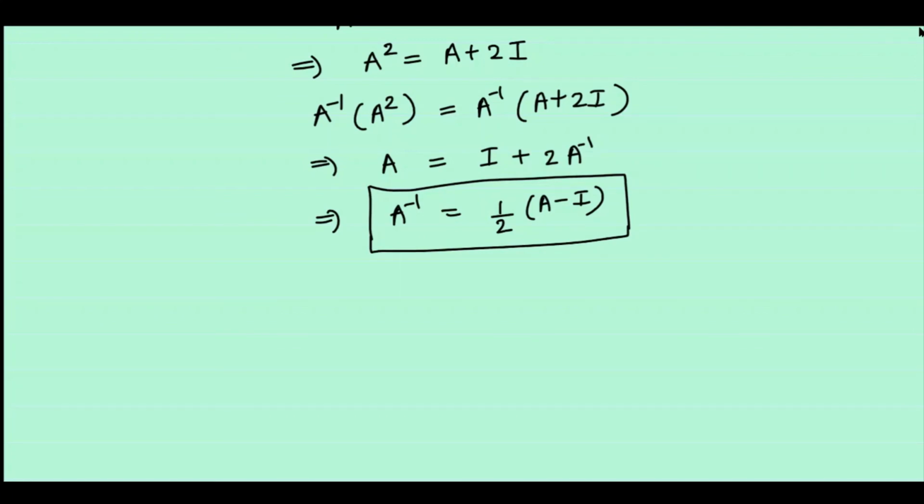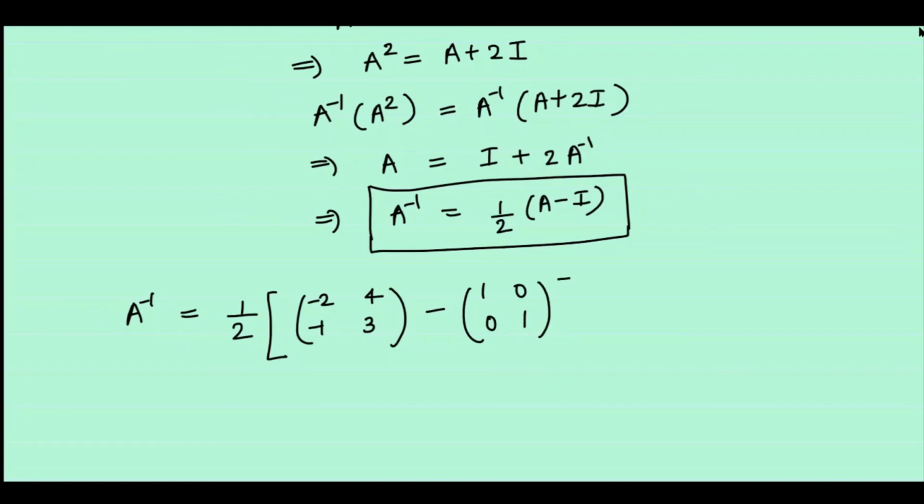So if we substitute here, we can directly get A inverse. A inverse is equal to 1 by 2 into the matrix A, which is given in the problem, minus 2, 4, minus 1, 3, minus the identity matrix 1, 0, 0, 1. If we do the computations here, we will get 1 by 2 into minus 3, 4, minus 1, 2.